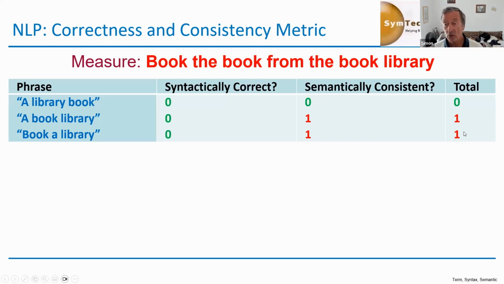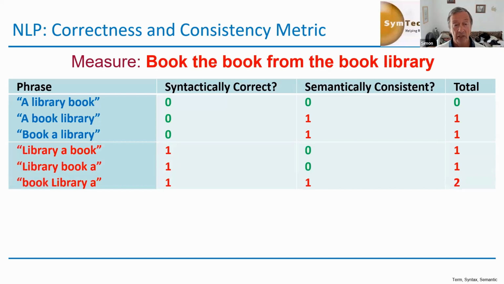So this scores a 1. This is the only valid one. Now there are 3 others, which are all syntactically incorrect. Library a book, library book a, book library a. The last one there is both syntactically and semantically wrong. So it scores a 2.